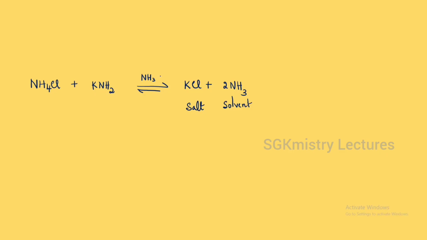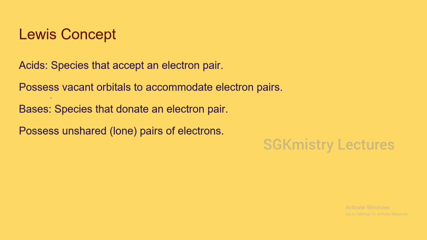Since we are performing this neutralization reaction in ammonia solvent, you're going to get the ammonia solvent as one of the products. So this acts as a base and this acts as the acid. In the previous slide, we discussed why KNH2 acts as a base and why the ammonium chloride acts as an acid. Next, coming on to the Lewis concept.